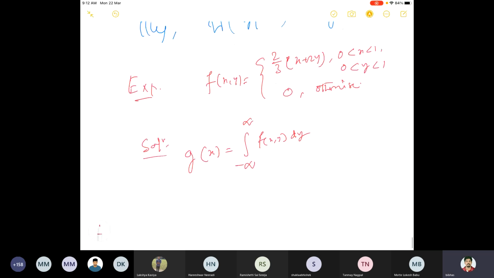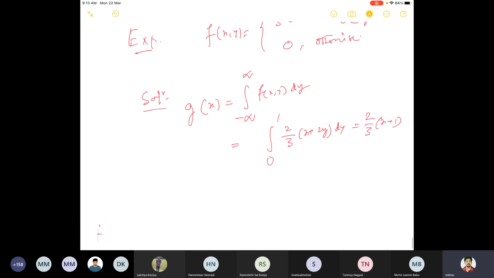If I do that, it will be 0 to 1 because otherwise it is 0, of 2/3 (x + 2y) dy, which will be something like 2/3 (x + 1). Similarly, I can find h(y), the marginal distribution of y, which will be the integral from 0 to 1 of 2/3 (x + 2y) dx, and this will be 1/3 (1 + 4y).